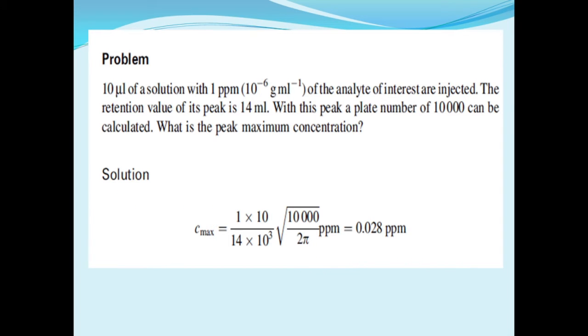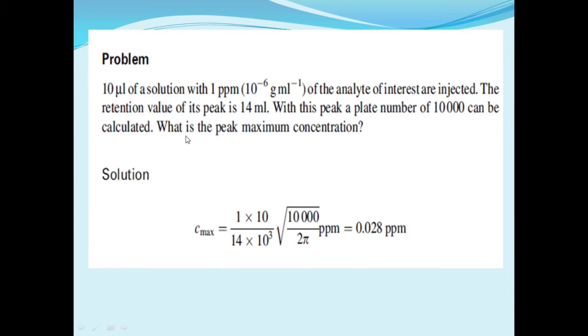Next is the problem. Here 10 microliter of a solution with 1 ppm, that is 10 raised to minus 6 gram per ml, of the analyte of interest is injected. The retention volume of its peak is 14 ml. With this peak, a plate number of 10,000 can be calculated.